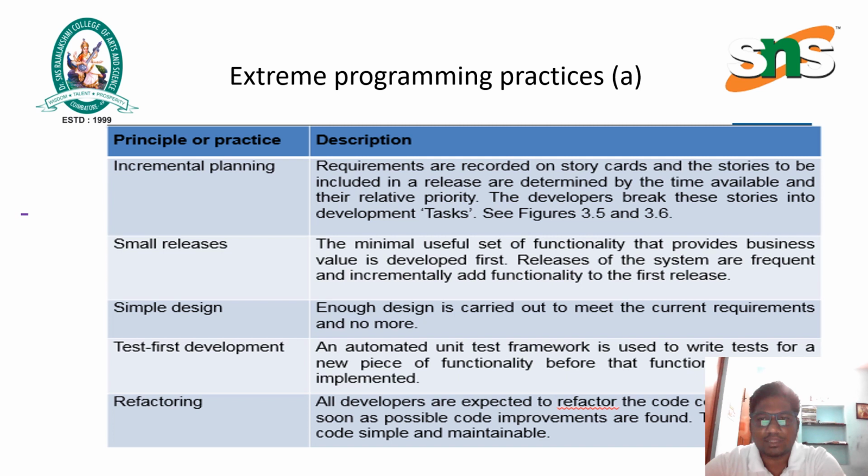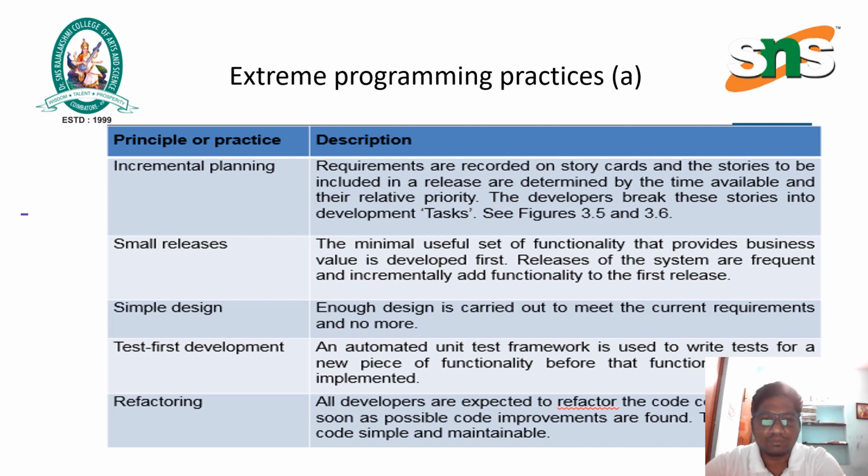The developers break the stories into development tasks. Second is small releases. The minimum useful set of functionality that provides business value is developed first. Releases of the system are frequent and incrementally add functionality to the first release.